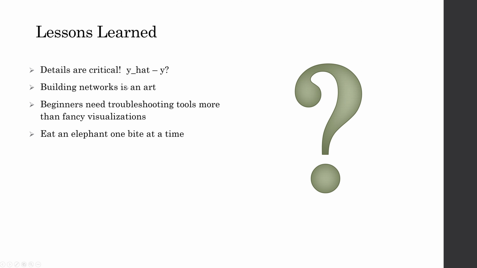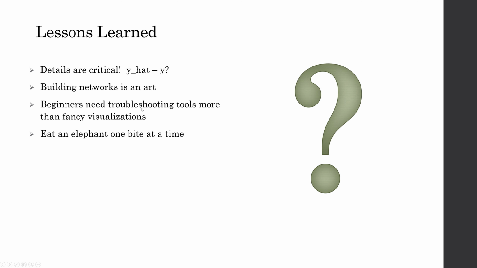Building networks is an art. There are things you can do to ensure they work well or to hope they work well, but many times you just have to use trial and error, something they call grid search. Beginners need troubleshooting tools more than fancy visualizations. Once I started using LDL, I realized I needed to show more troubleshooting than try to focus on a visualization that shows the network.